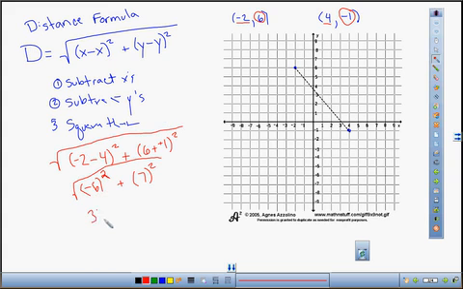This will be 36, and this is going to be 49. Add them. 36 and 49 is 85. And take the square root. So again, if it asks for an exact answer, make sure you leave it as a square root. If it asks for an approximate answer, you can type it in your calculator and get the approximation.